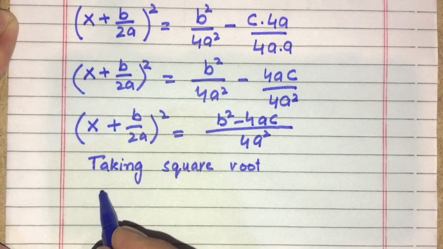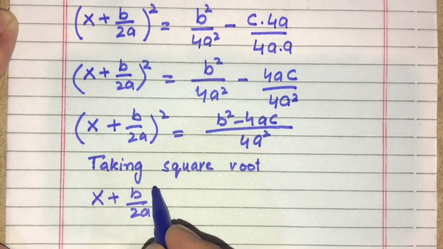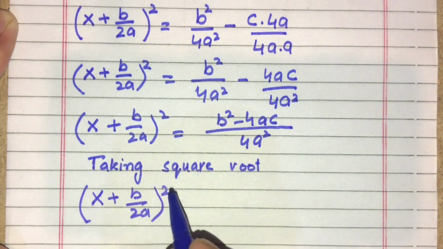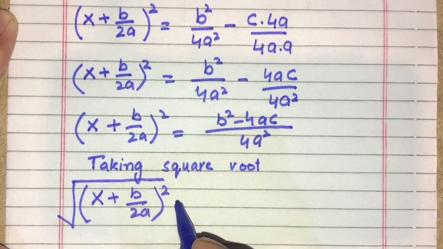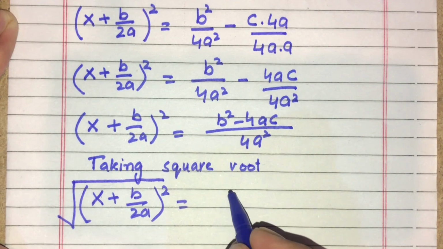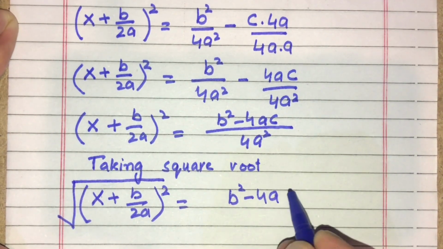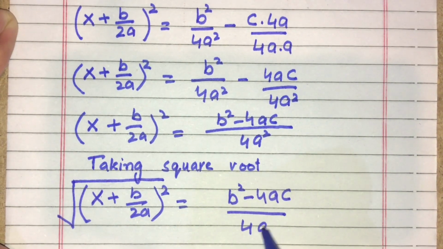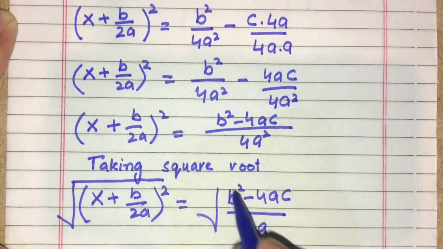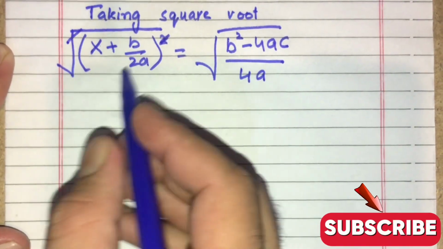this becomes square root of x plus b divided by 2a whole squared, while on the right hand side we'll have square root of b squared minus 4ac divided by 4a squared. This square and square root will cancel with each other.